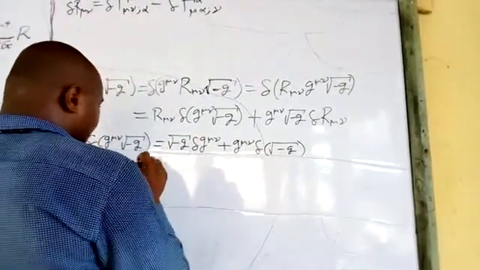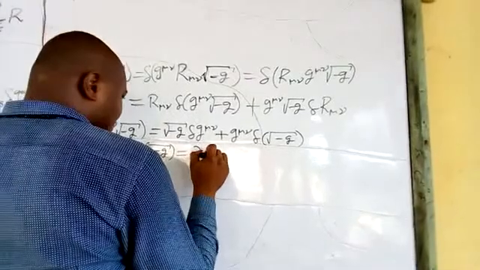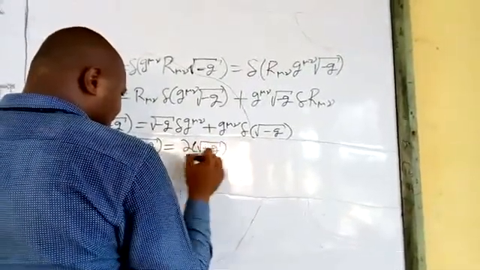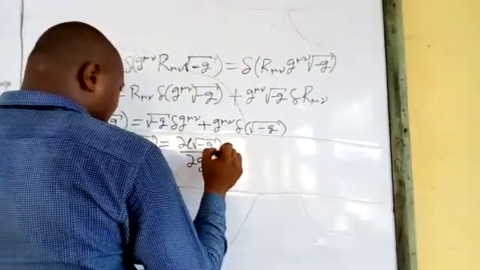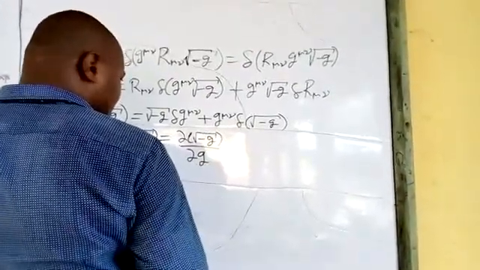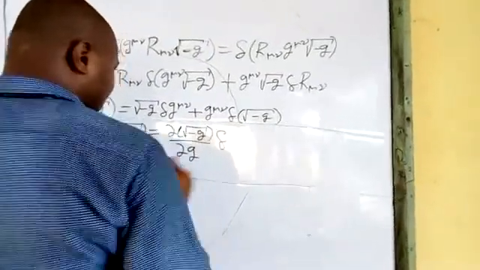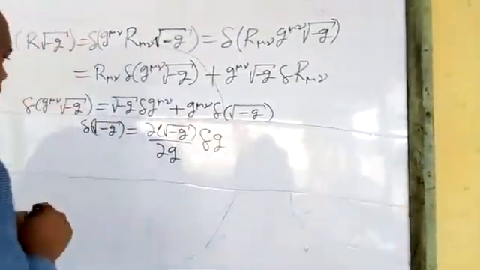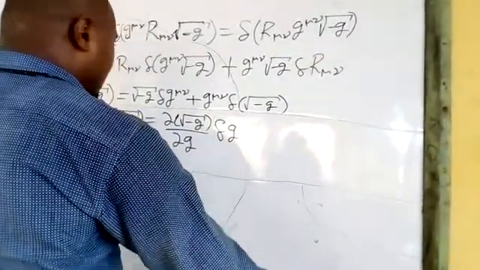And of course, the variation of square root of minus g is the same thing as square root of minus g, and then we are going to have here with us the variation of g itself, exactly what it will be expected to be.